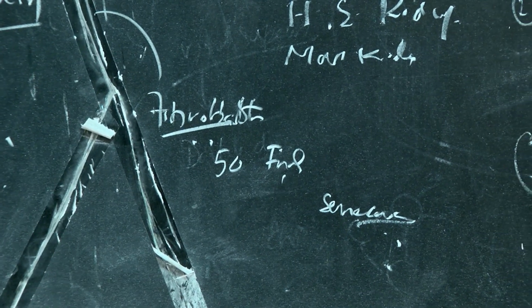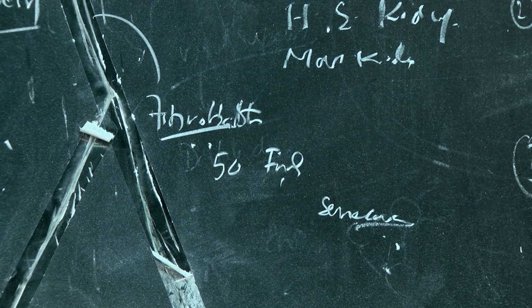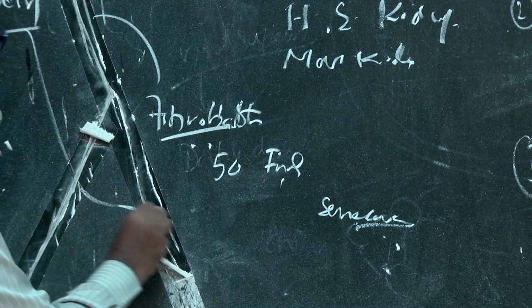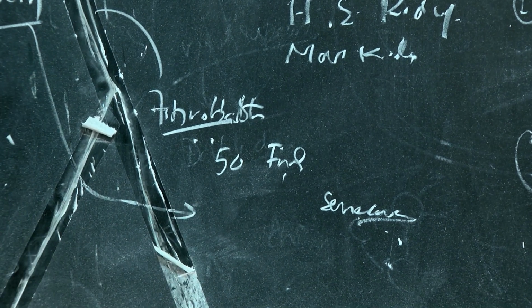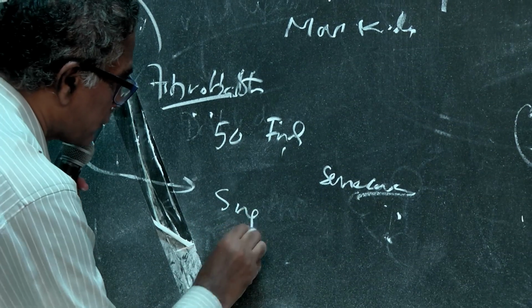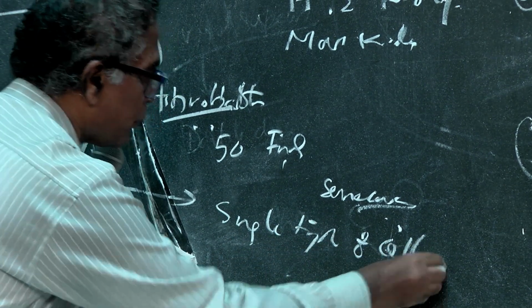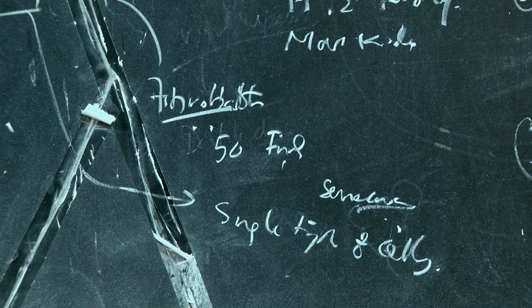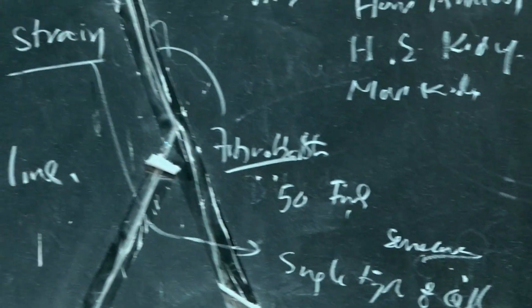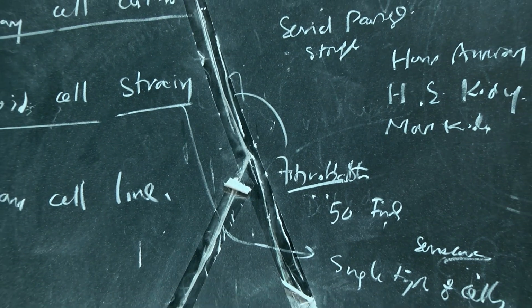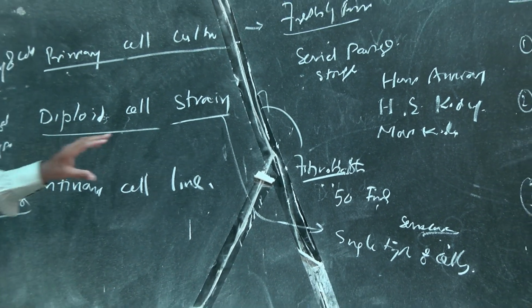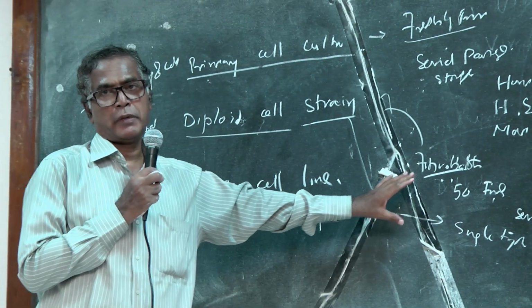Here, another important thing: all the cells are of a single type. All the diploid cell strain cells are a single type of cells. And another important thing is they retain the diploid chromosomal pattern and karyotyping up to these 50 passages.